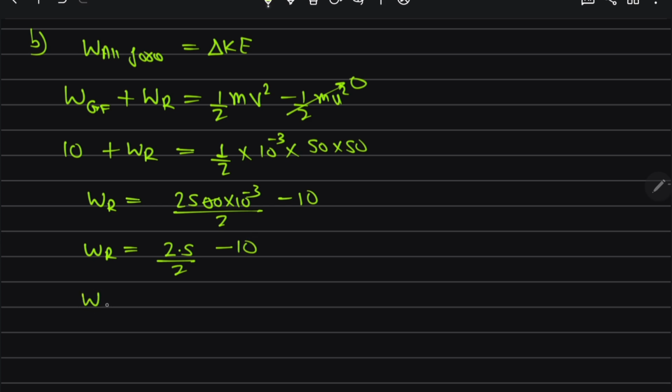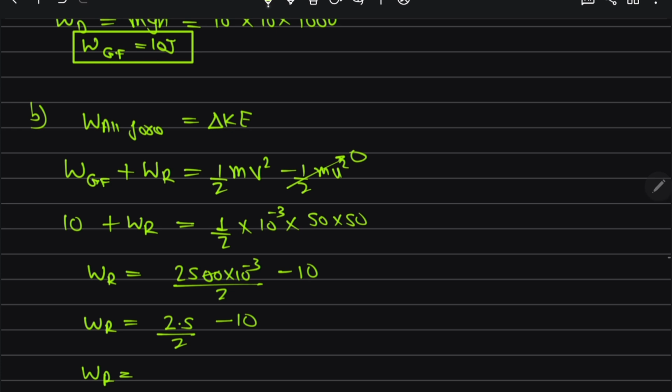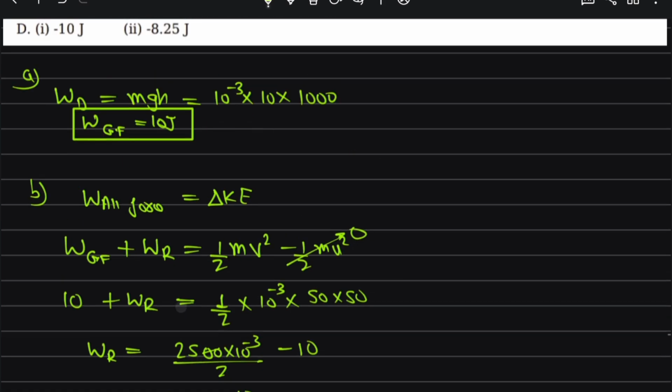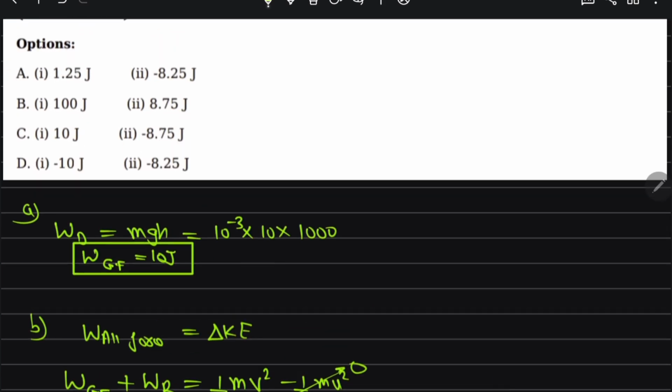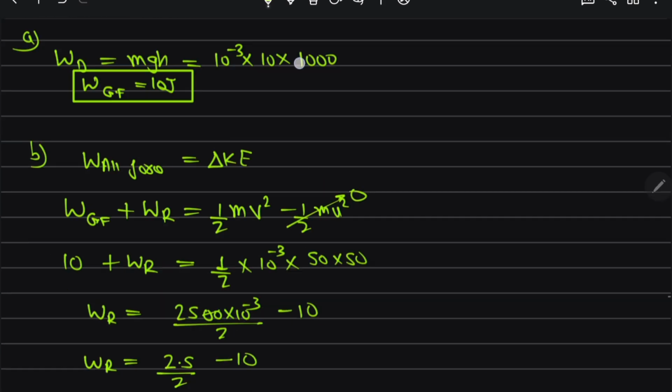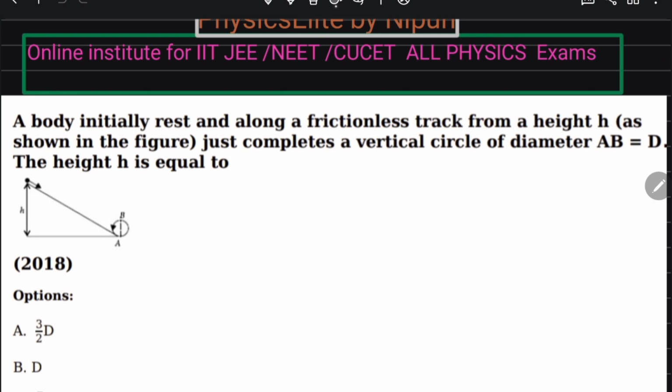So this comes out to be 1250 divided by 1000, so this is 1.25. 1.25 minus 10, so work done by resistive force is basically minus 8.75 joule. So option C is correct. Now I proceed to the next question.